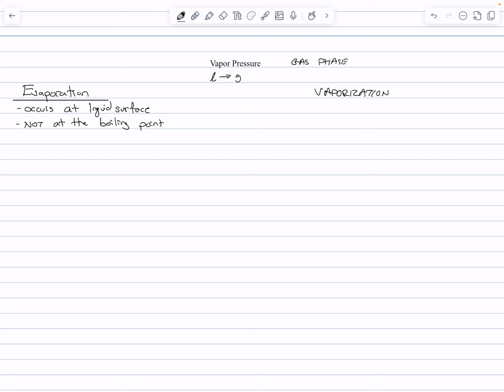Vaporization, on the other hand, is the phase transition from liquid to gas. It includes boiling and evaporation.